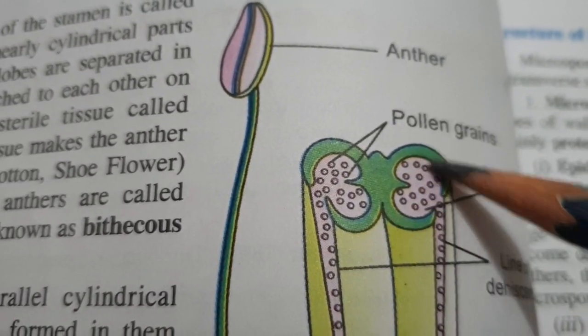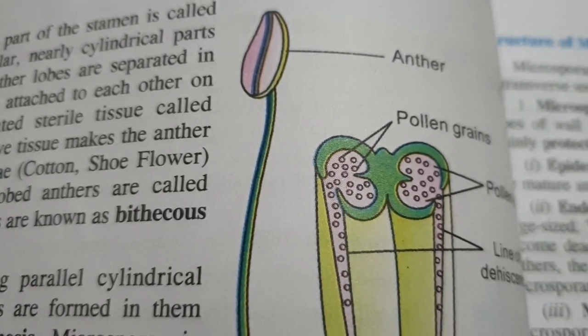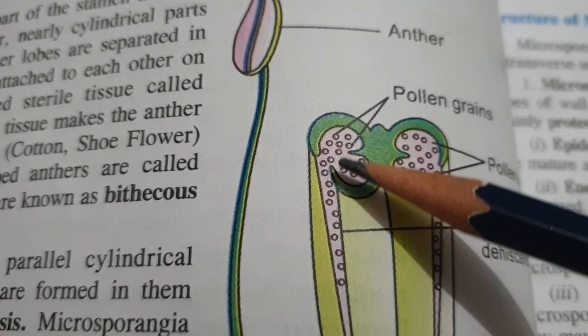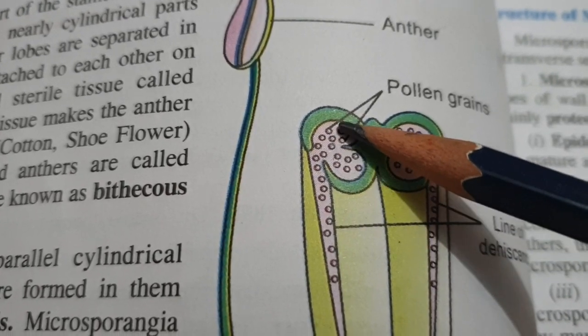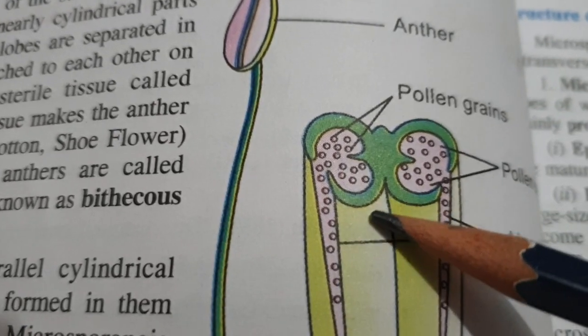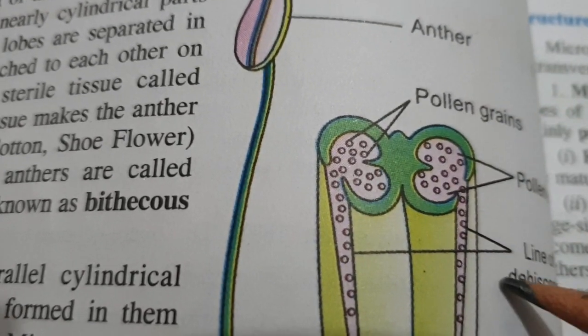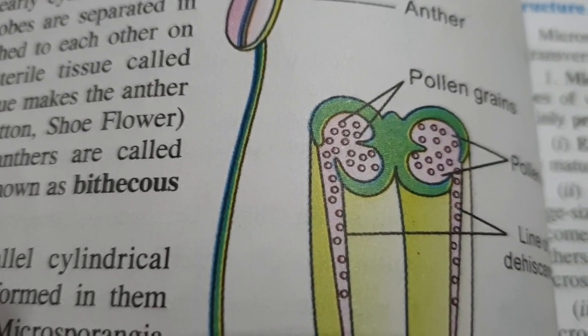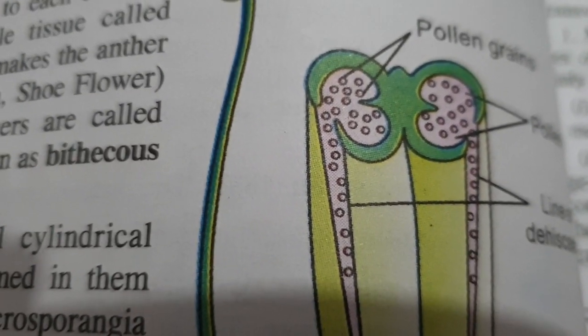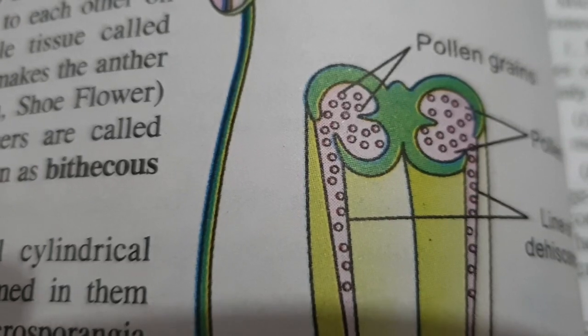Now see, these are the pollen sacs. As it is bisporangiate, each lobe or each chamber consists of two microsporangia. That's why the whole anther is tetrasporangiate. That means it consists of four pollen sacs in four corners.